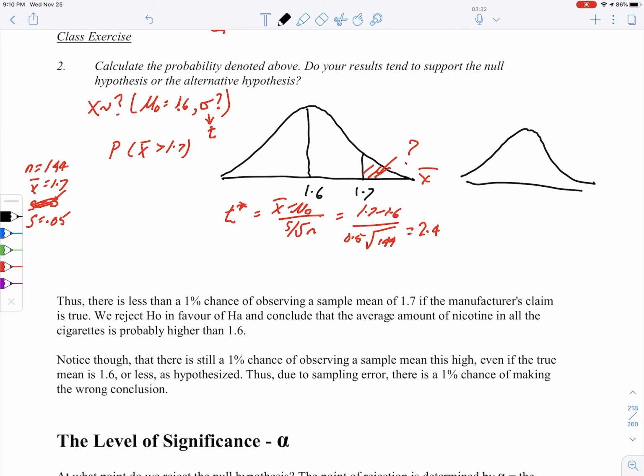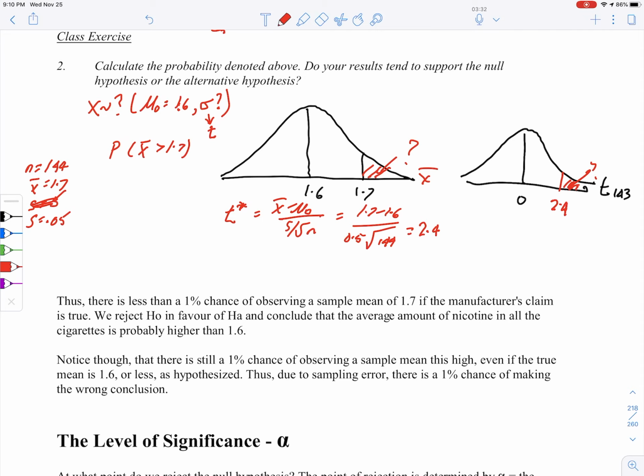So let's take a look now at a t-distribution, centered on 0, with 143 degrees of freedom, and find out where 2.4 falls. Right there.